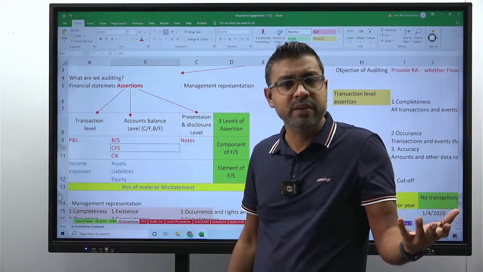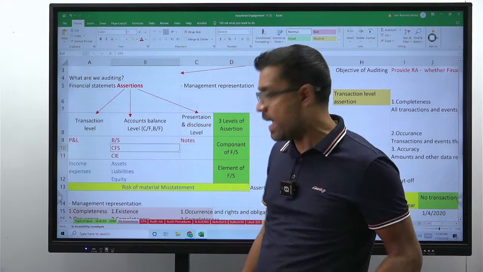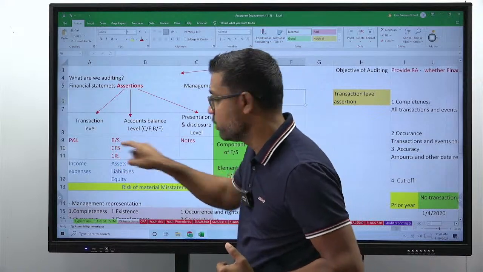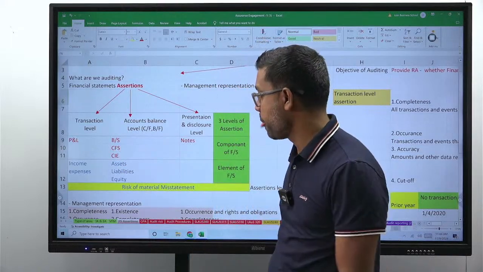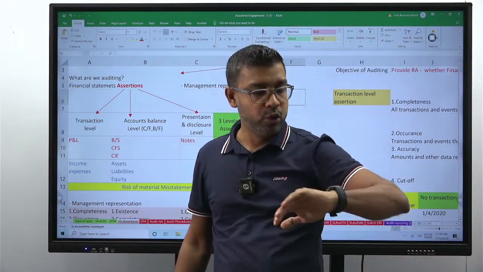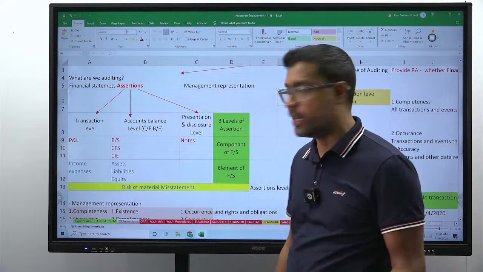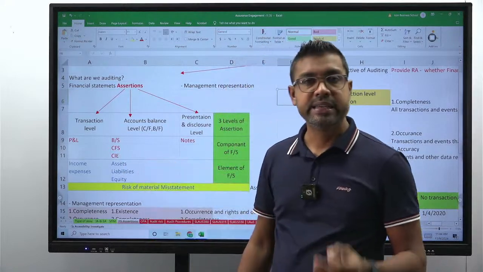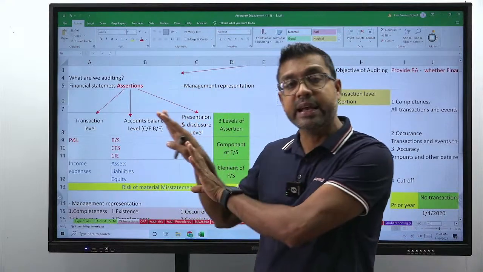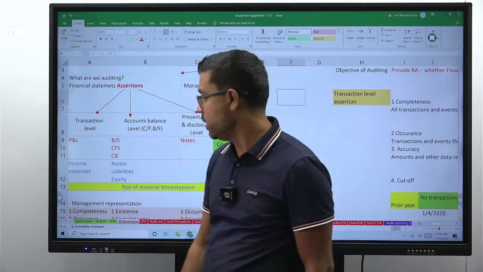Cash flow statement means your cash position: from opening to closing cash balance. Changes in equity reconcile opening to closing shareholders' wealth. All these three statements show carried forward balances. That's why those come under account balance level assertions.